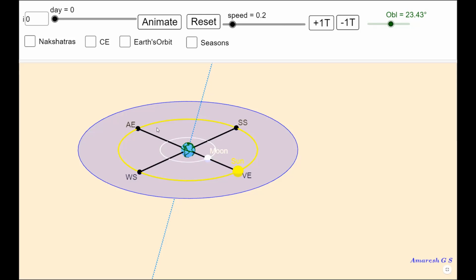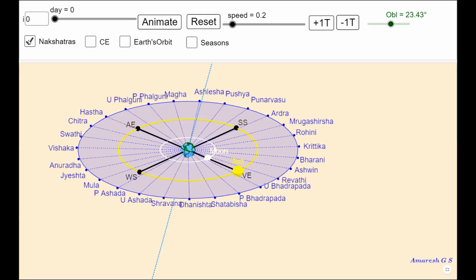The Moon goes around the Earth and the sun goes around the Earth as seen from the Earth. Let's introduce our reference system of 27 nakshatras and also introduce the seasons again.